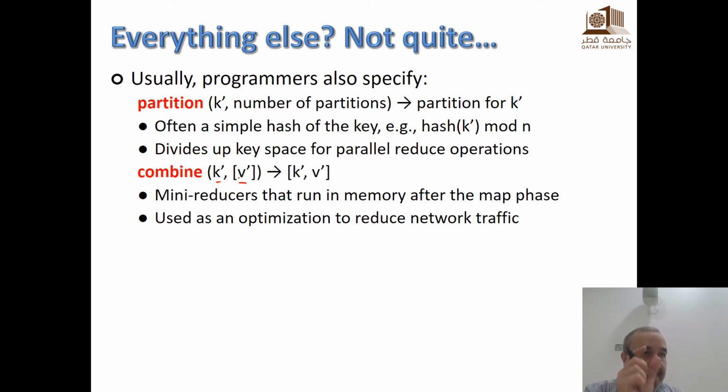A small shuffling happens locally before the actual shuffling across the network. So the values for the same key were grouped and then passed to your combine function. That's why we call it mini reducer, a small reducer, because it looks like a reducer. It will take a key and a list of values and produce a list of keys and values.